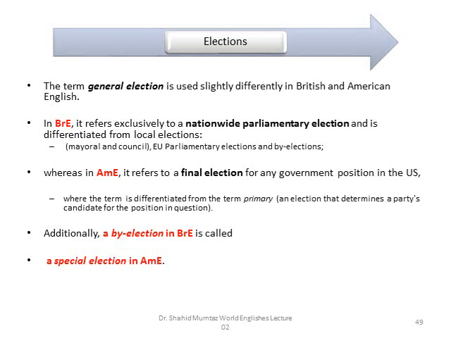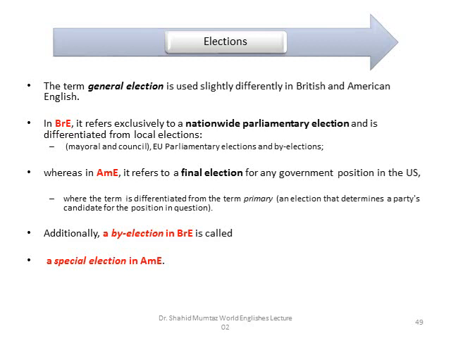So these elections are not general elections, are not nationwide parliamentary elections.